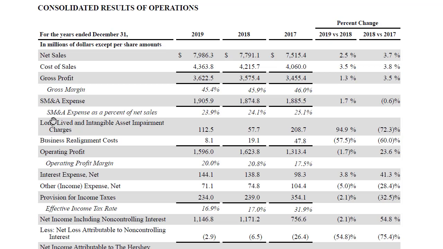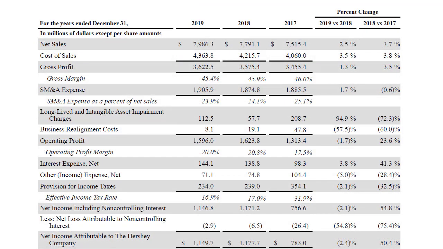You just want to make sure that, in Hershey's case, they had these over multiple years. Is that a trend? Does that represent something that they are not doing well, that they're investing in something and then subsequently writing them off in other periods? You really want to understand that. Same thing with these business realignment costs.